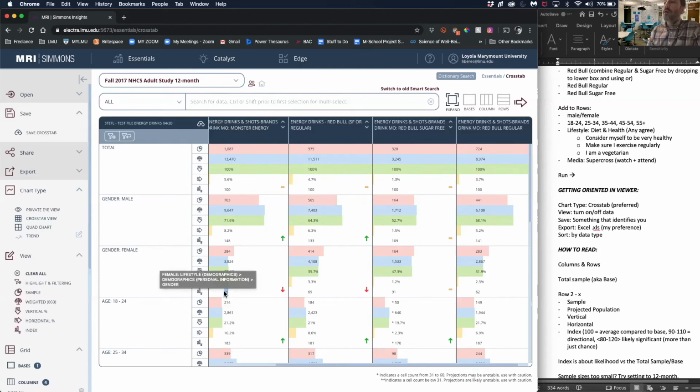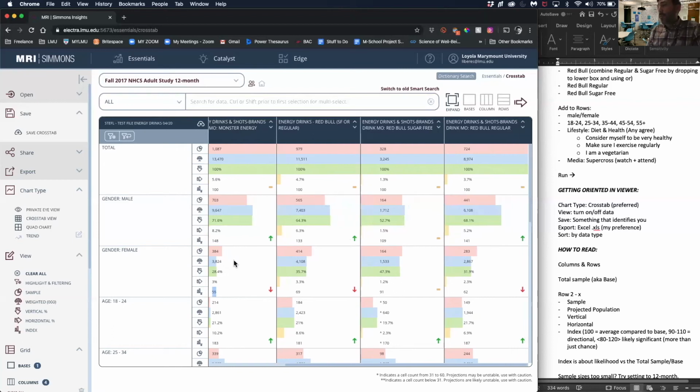So women are 45% less likely than the average American adult. The index is always compared to the base, which in this instance is the total adult population. Women are 45% less likely than the average American to drink Monster Energy.